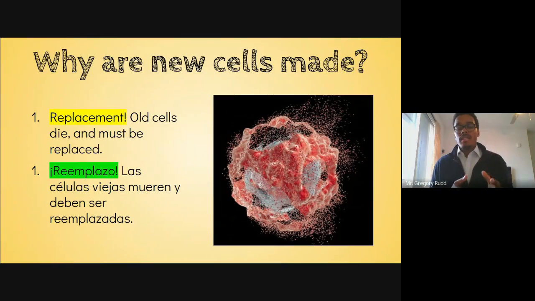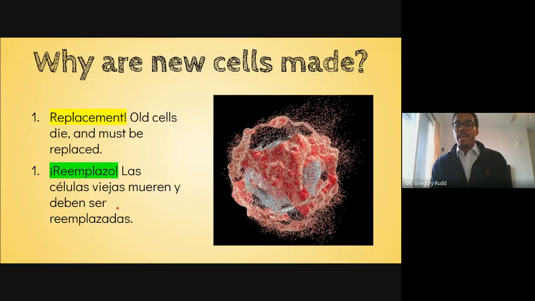Getting back to one of our essential questions, why are new cells made? We did get a couple reasons from some of our classmates. Essentially, those reasons were growth, but one of the most important reasons is replacement. So Lisa, you started to get at this a little bit, but old cells die, and this is a natural process. In fact, there's a name for it called apoptosis.